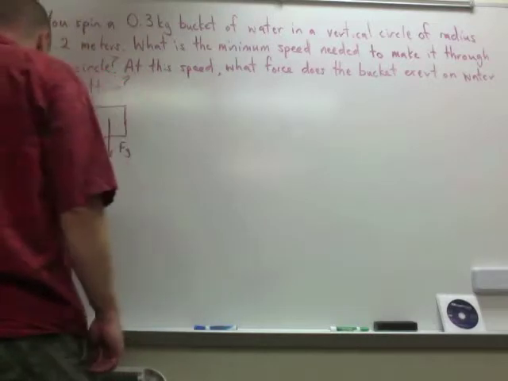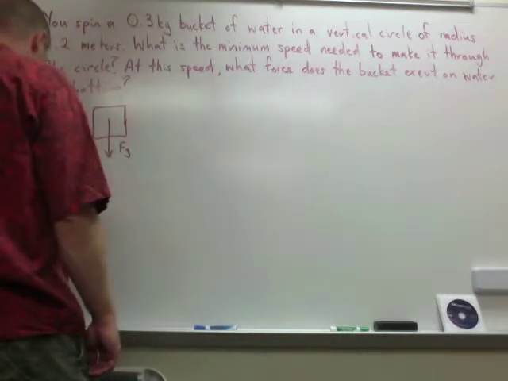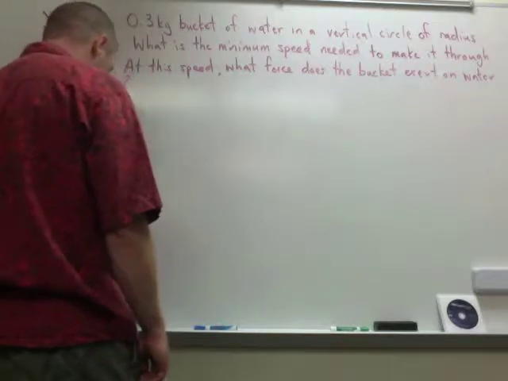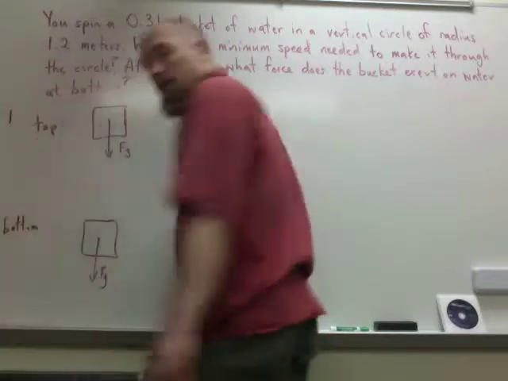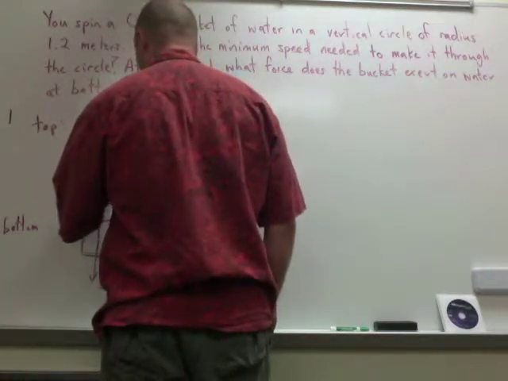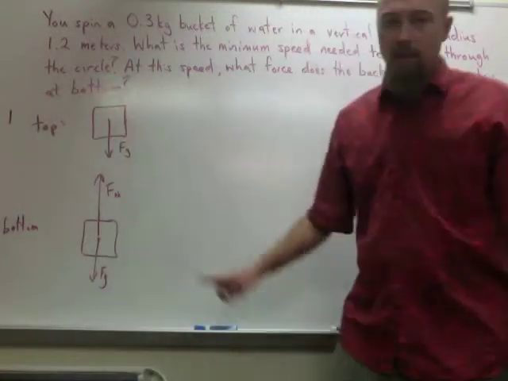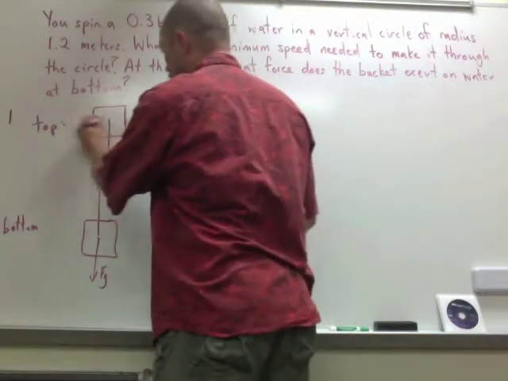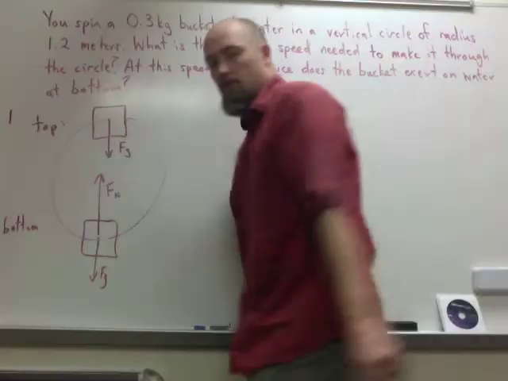At the bottom, I am going to have force of gravity still going down, and then my normal force from the bucket going up. The reason I drew the normal force bigger is that this is supposed to be going in a circle.